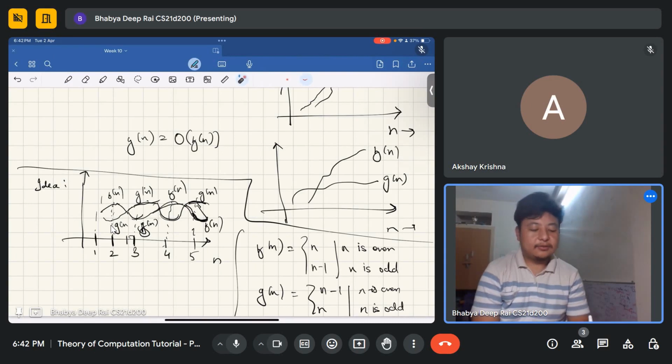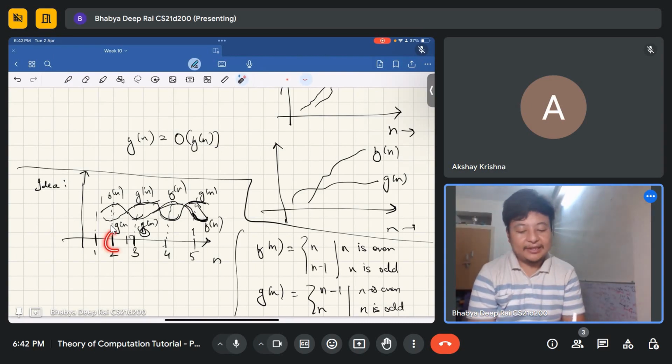Correct? So whenever n is at even values 2, 4, 6, and so on, F will always be above Gn.